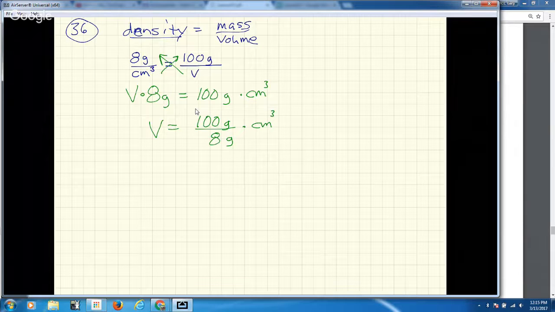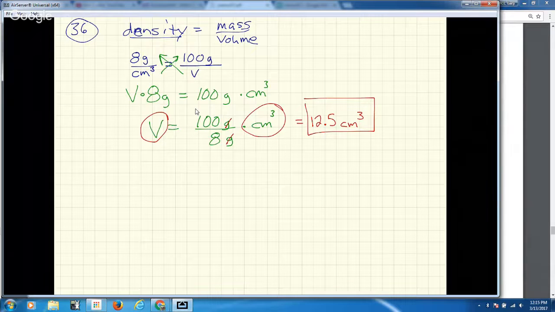I kept the units in here just to demonstrate that the grams will divide out, leaving centimeters cubed, which is a unit of volume. And so, how many times does 8 go into 100? We cut it in half once, we get 50, then 25, then 12.5. So what I get is 12.5 centimeters cubed is the volume of my solid steel ball.